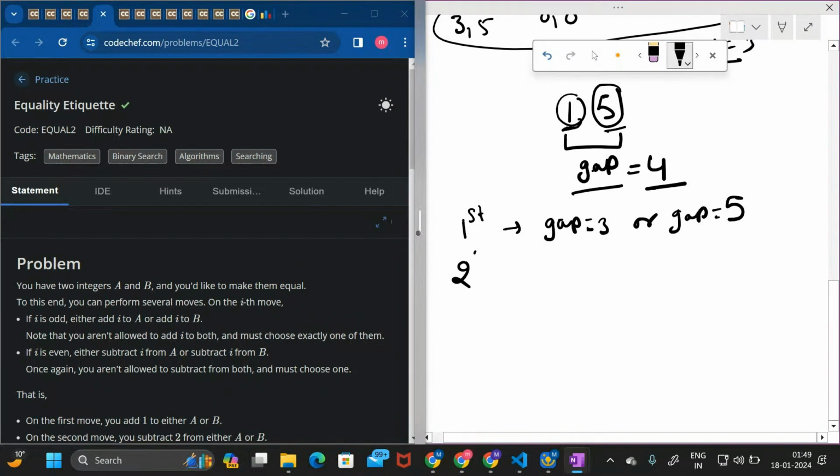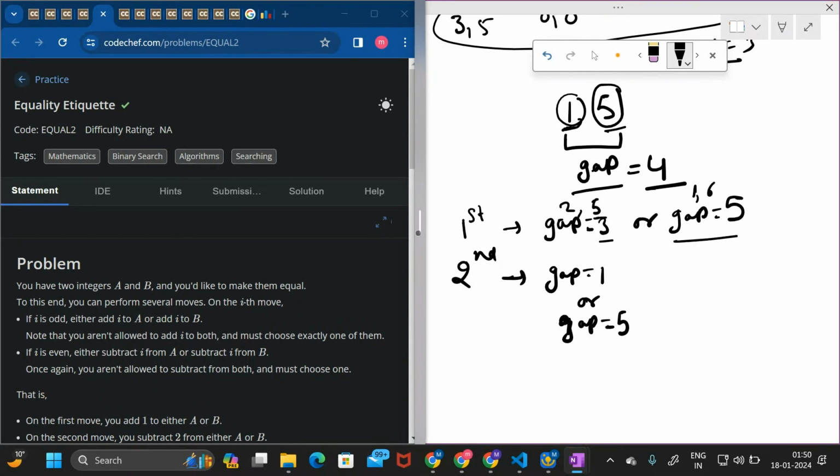Now in the second move, when the gap is 3, with 2 comma 5 and 1 comma 6. So let's say the gap is 3. We can subtract 2 from 5, so our gap decreases by 2 and the gap is 1, or we can increase our gap by 2 in the second move, so the gap is 5.